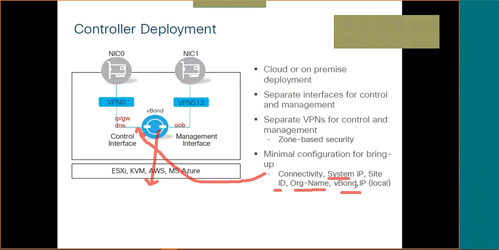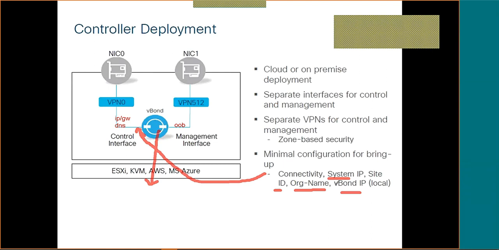So, a minimum of one interface in VPN 0 with IP, mask, gateway, DNS, and reachability towards the other components, and system settings for system IP, site ID, organization name, and vBond IP address. These are the minimum configurations we need to do.